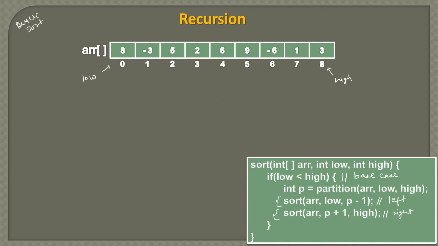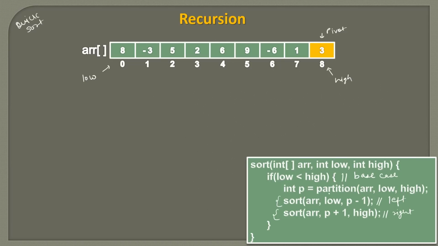Now low is less than high, so we call the partition method. In the partition method, we take the last element as our pivot. So 3 is our pivot. After this partition method ends, we get the index of the element 3, where it belongs.